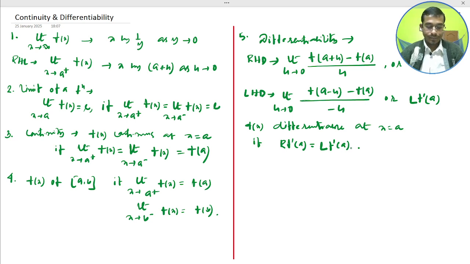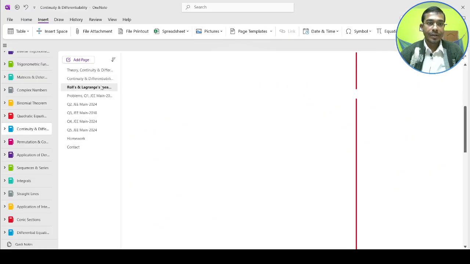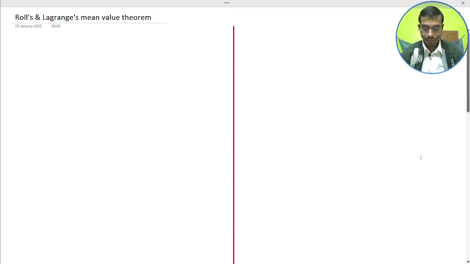So now we go ahead to our next topic, Rolle's and Lagrange's mean value theorem. First, Rolle's theorem.